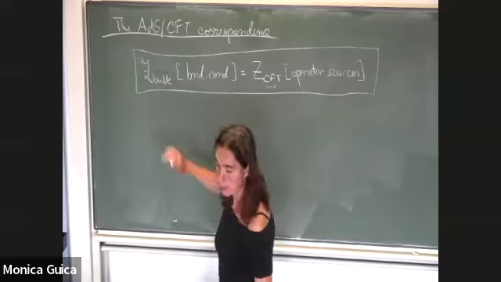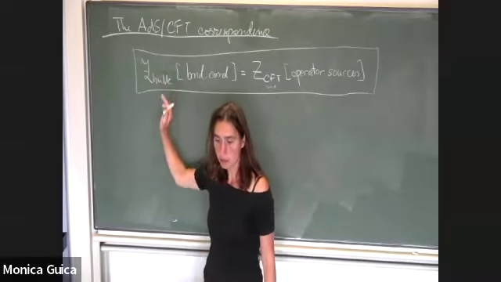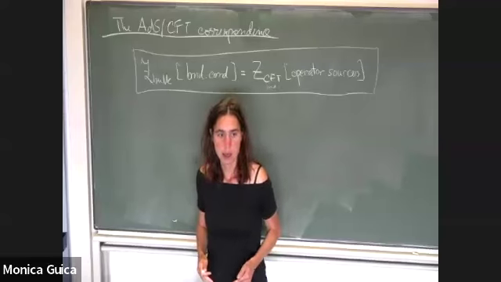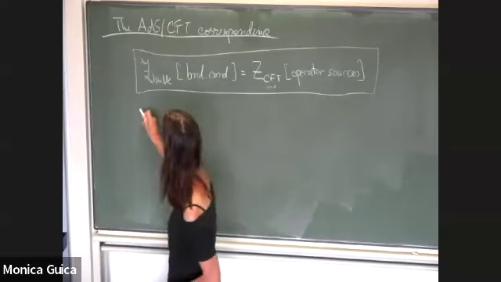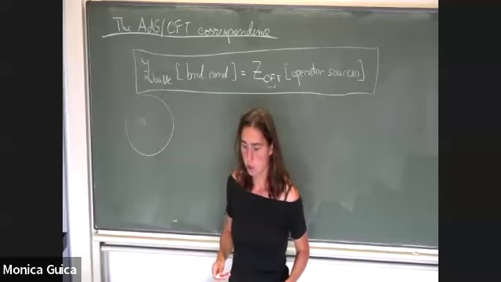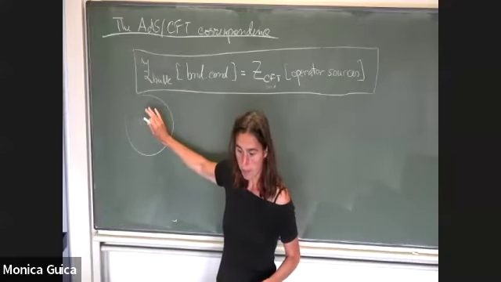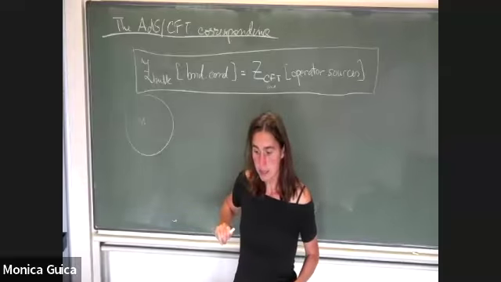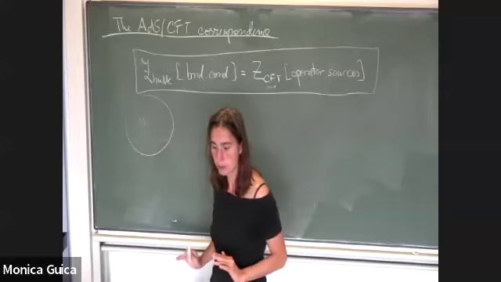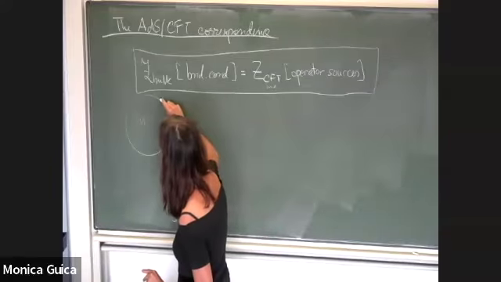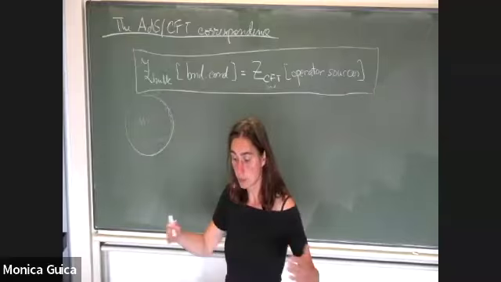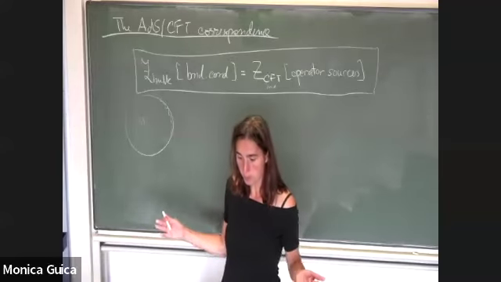Now, what I mean by Z bulk: the bulk theory is, in principle, a theory of quantum gravity, and in a gravitational theory on some manifold M, it doesn't make sense to fix the metric on M. Instead, since the metric is supposed to be able to fluctuate, the only thing that makes sense to fix are the boundary conditions on the metric at the boundary of M, only the asymptotic structure of the spacetime if you want.